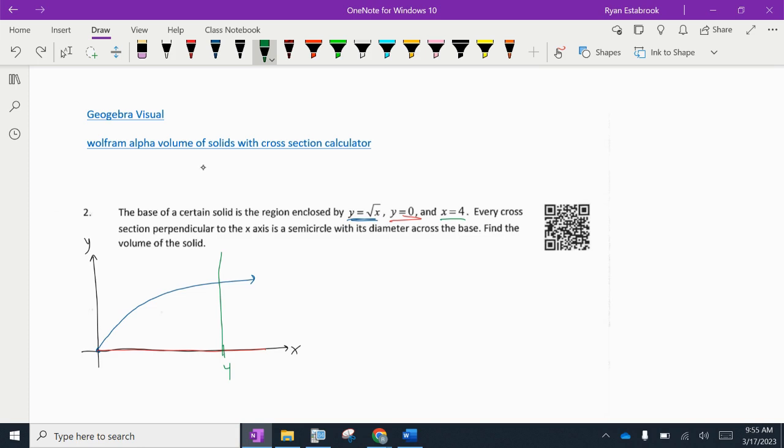I'm going to start, let me see, I'll go to about black. I'll start right here. So here is a cross-section perpendicular to the x-axis. Right, my segment here is perpendicular to this x-axis. I'm going from top to bottom. And this is supposed to be the diameter of a semicircle. So here is my base.